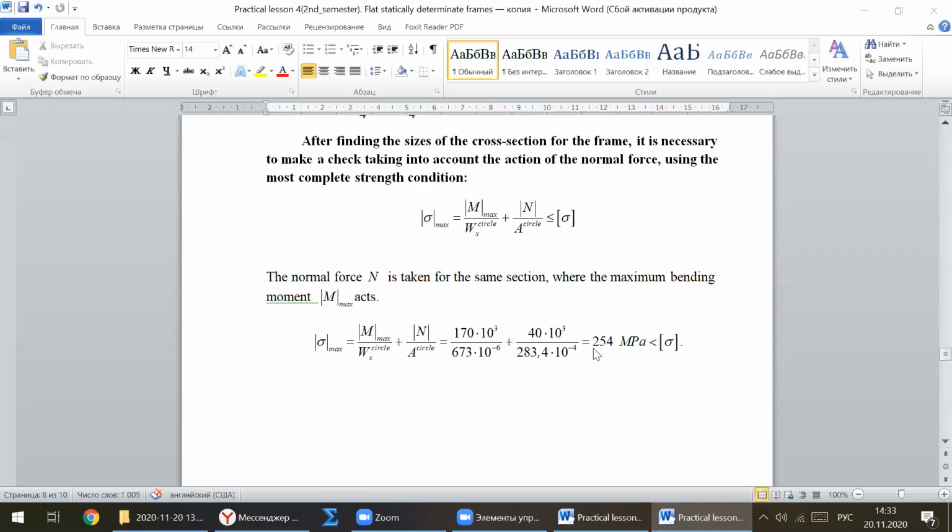And we got this result, 254 megapascals.